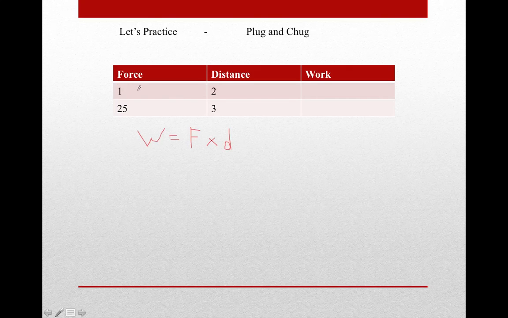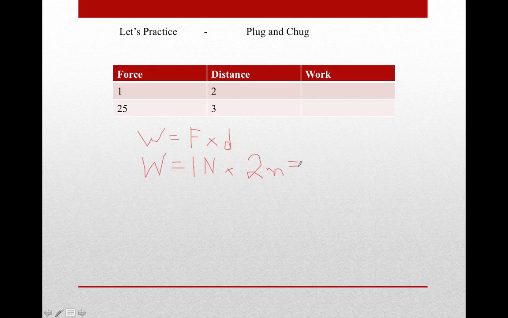So in the first row, I have a force of 1 and a distance of 2. What is my work? So I set it up. W equals force is 1. I should keep my units: 1 newton times my distance, which is 2 meters.